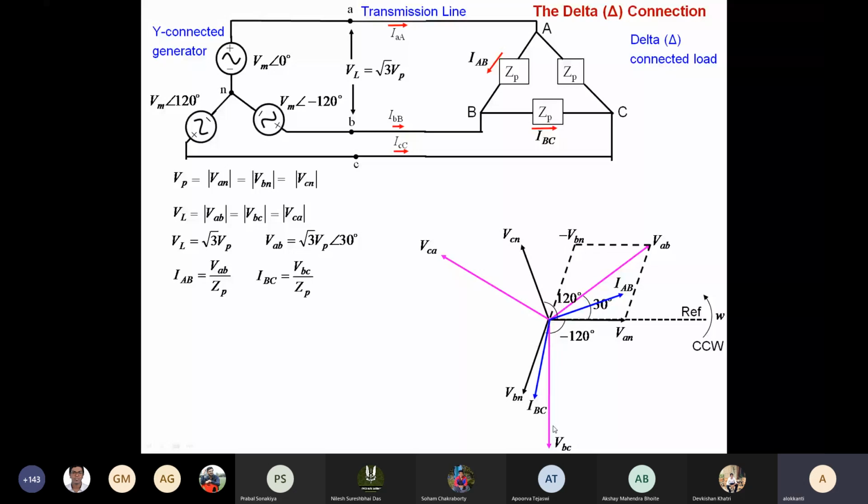Similarly, there will be ICA, which is VCA by ZP. Again, it is IBC rotated by 120 degrees.